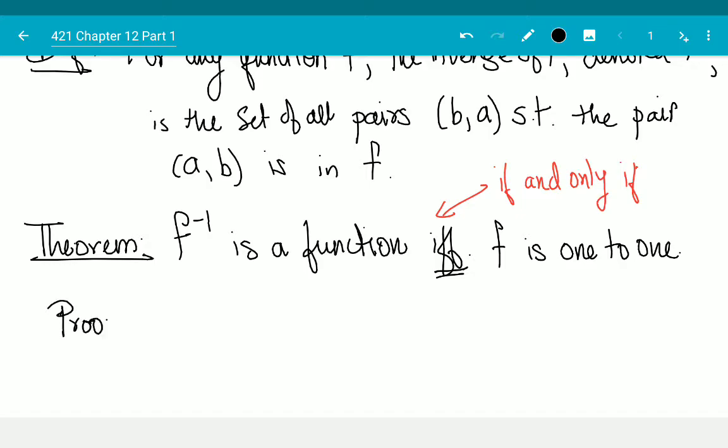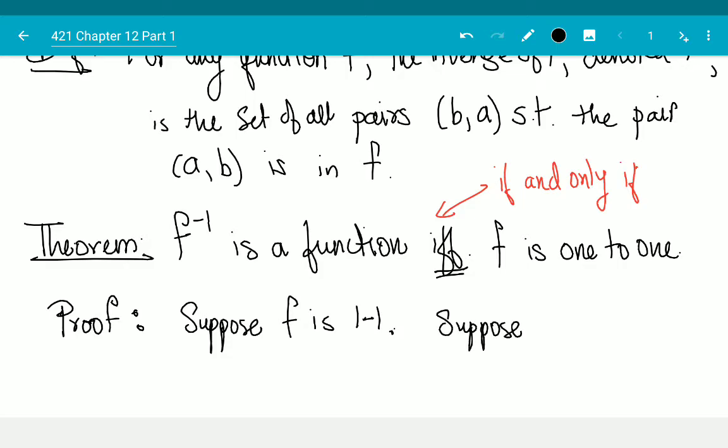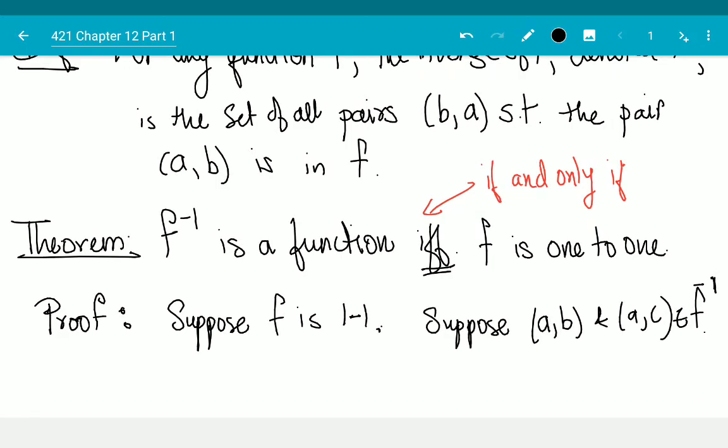Okay, proof. What does it mean for it to be a function? Well, suppose f is one-to-one. I want to show that f inverse is a function. Suppose not. So suppose (a, b) and (a, c) belong to f inverse.